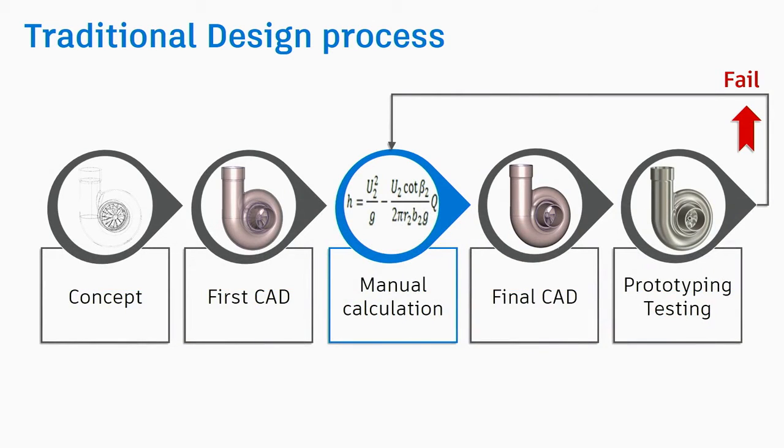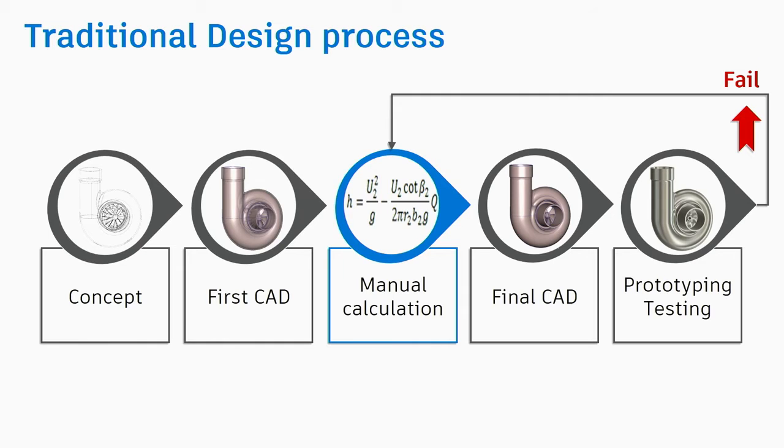So, a typical design process of a product is composed of many steps that go from the first concept till prototyping and testing. But during this process, manual calculations are involved. The problem is when you go from manual calculations till prototyping and testing, you need a lot of time and money because you need to create a prototype and prepare the test bench.